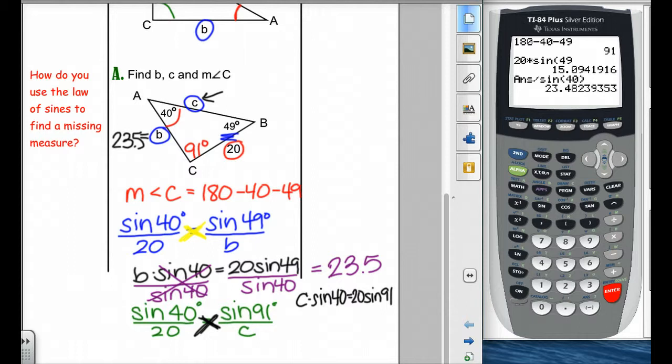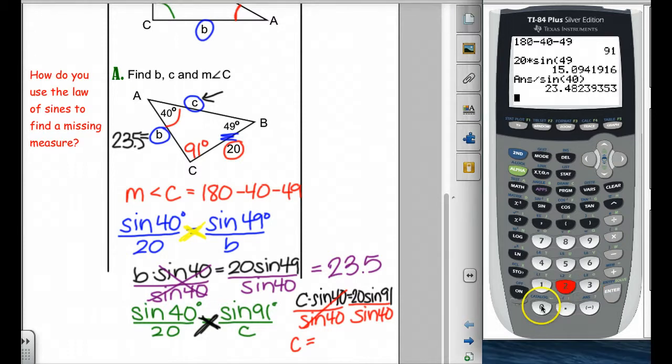I then need to get C alone by dividing by the sine of 40 on both sides, which cancels here, giving me C. So now on my calculator, I want to take 20 times the sine of 91, and that gives me 19.996, so just under 20.